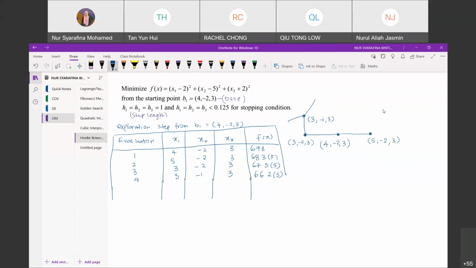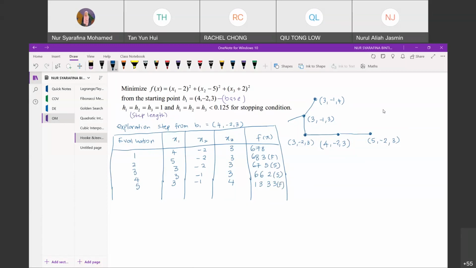To the front first, the point becomes (3, -1, 4). The next evaluation is (3, -1, 4). It will become 1333, which is a failure. Later you can check, you can do it on your own, one by one. So this is a failure.